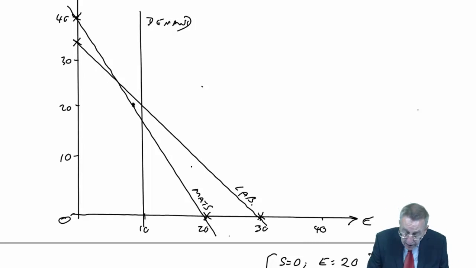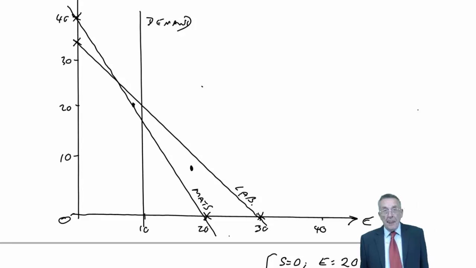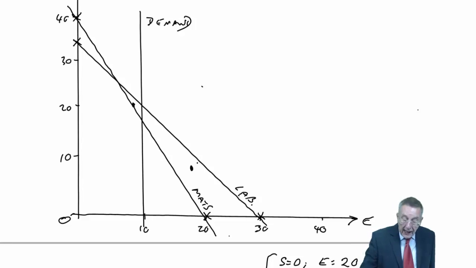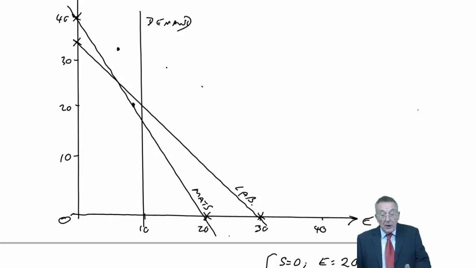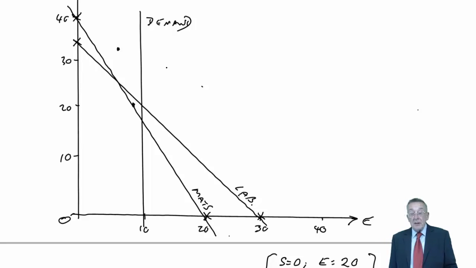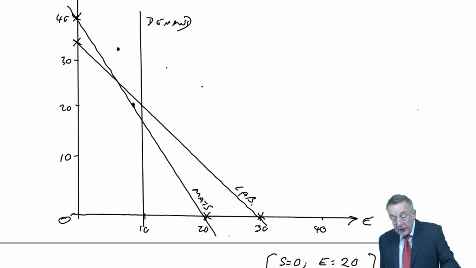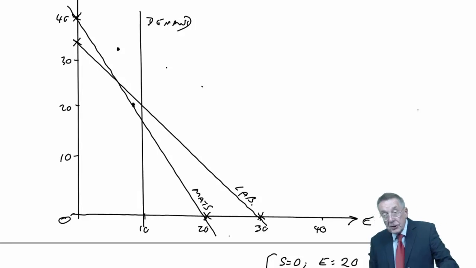For instance, you see, we can't have a point there, because although we're okay for labour, we're using less than the limit, we're using too much material and the demand's too high. We can't be here, because although the demand's okay, we're below the demand line. At that point there, we're using too much labour and too much material.